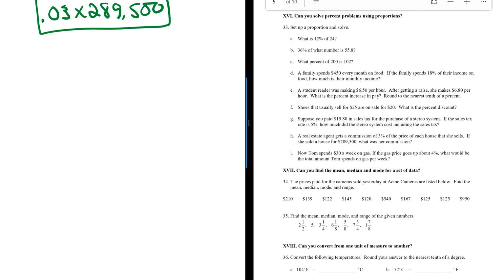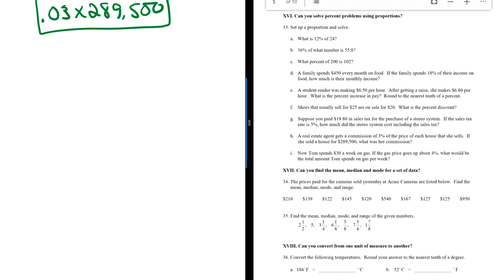Tom spends $30 a week on gas. If the price goes up about 4%, what would be the total amount Tom spends on gas per week? All right, so he spends $30 a week on gas. If the gas price goes up 4%, what would be the total amount Tom spends on gas per week? So they're saying, what is 4% of $30?